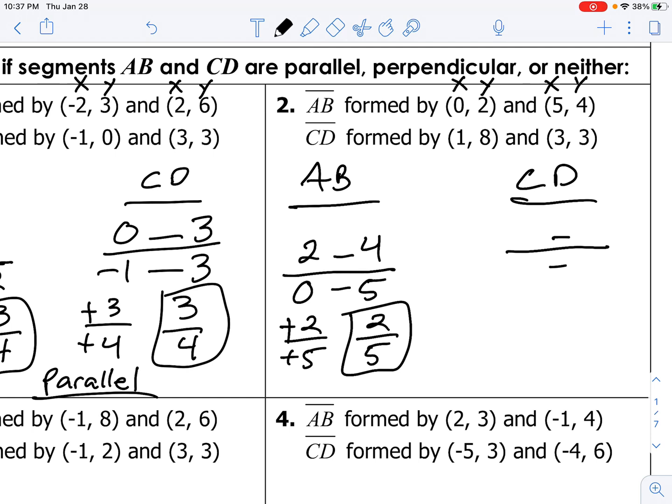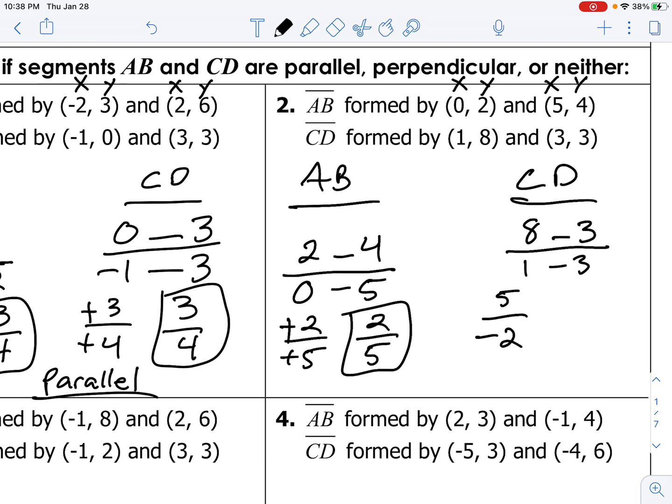All right, now let's do CD, the bottom 2 ordered pairs. So drop the Y's down on top, 8 and 3. Drop the X's down on bottom, 1 and 3. All right, and then we just do the math. 8 minus 3 is 5. 1 minus 3 is -2.